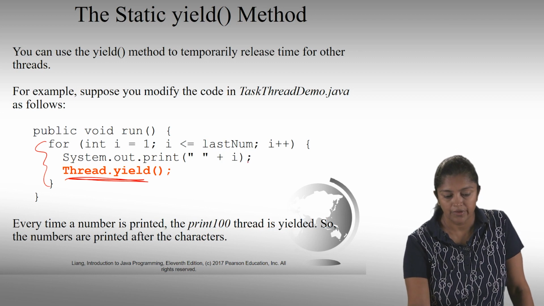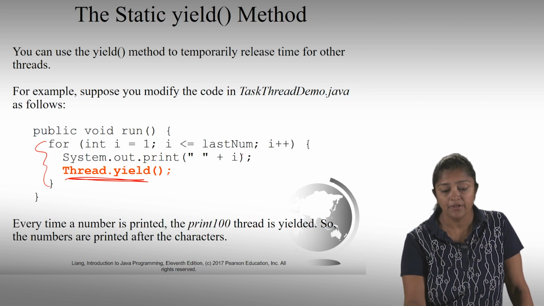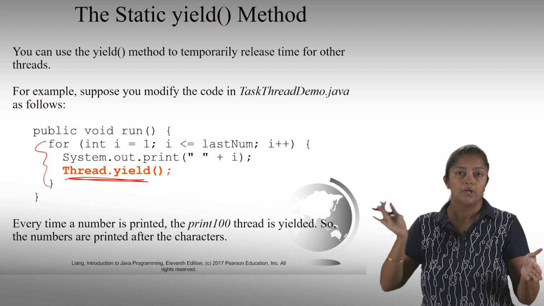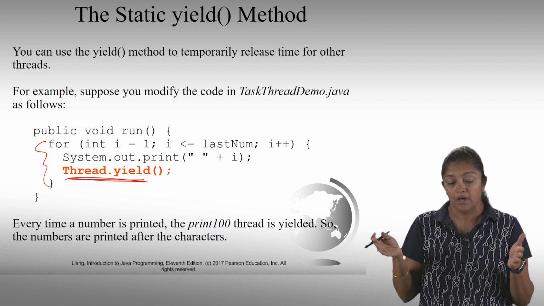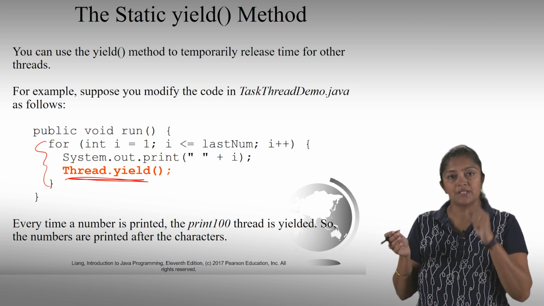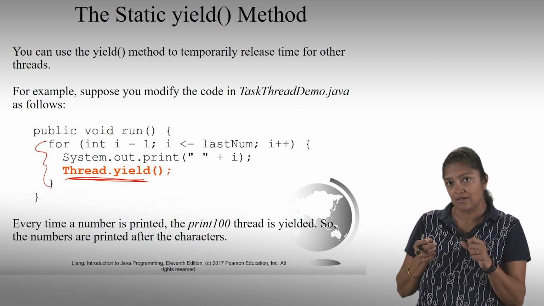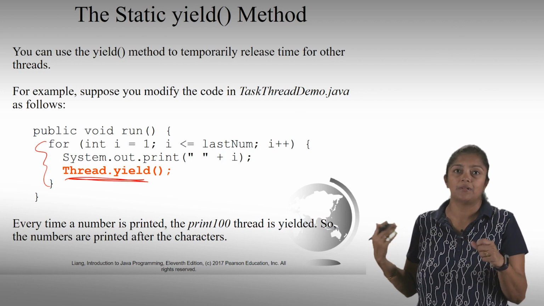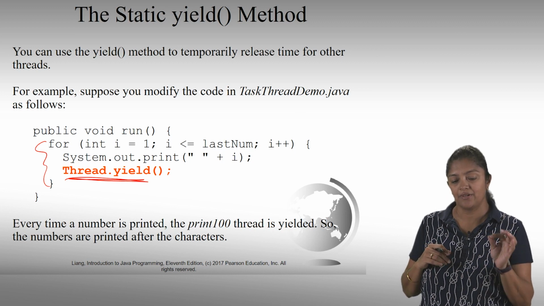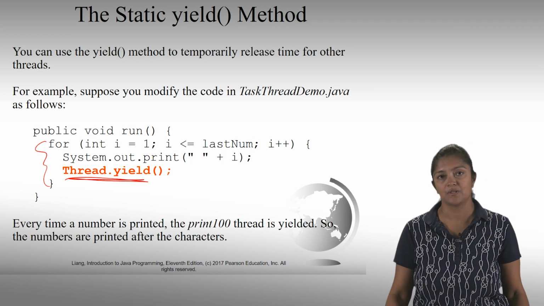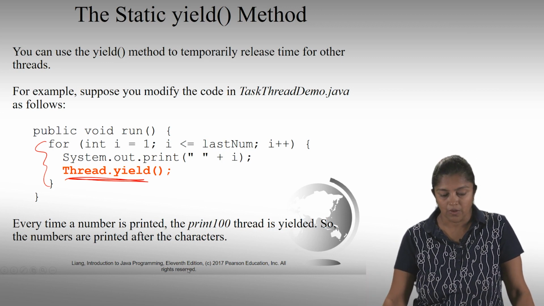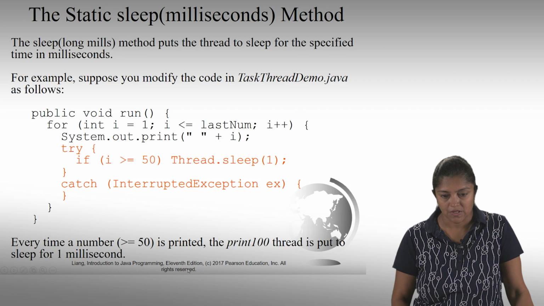So in this case, we're printing numbers from 1 through the last number, say 100. After every number is printed, the thread is yielding its turn to the other threads in the system. It gives up its turn once after every number that's printed. So that's what it means.